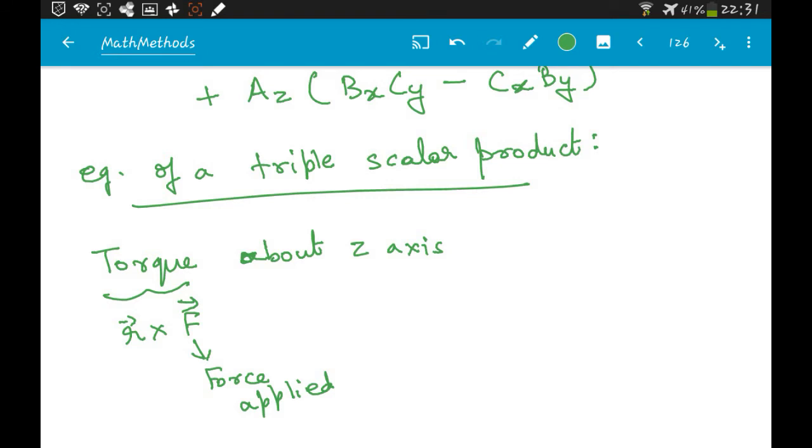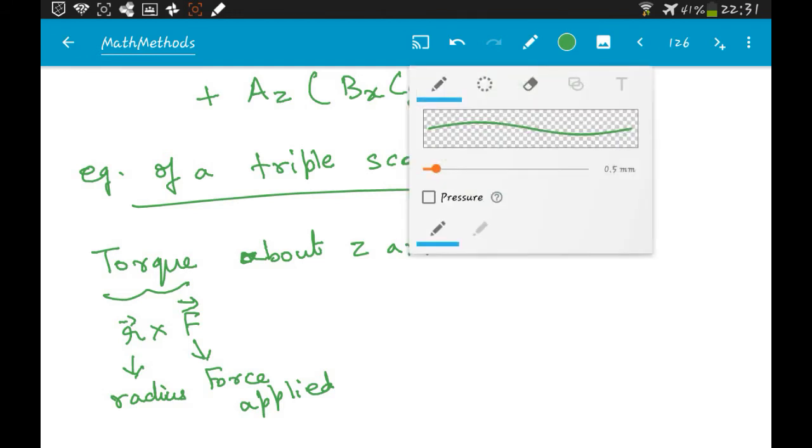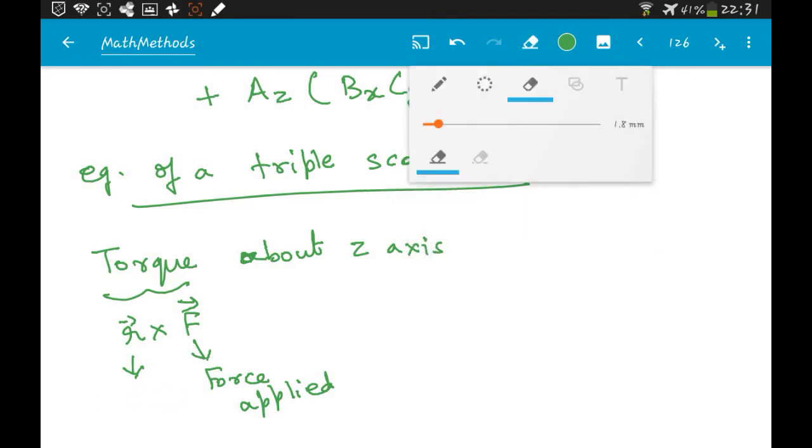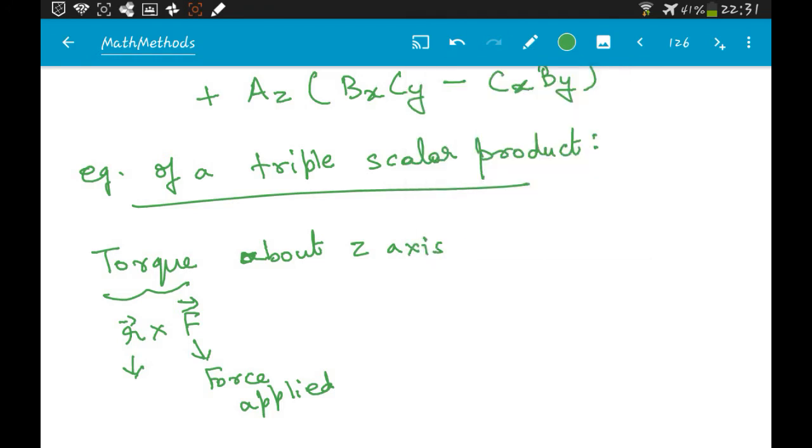So R cross F. Torque is an angular quantity, and R is not really a radius but more like a length, some kind of a length, and you want to apply it about the z-axis.